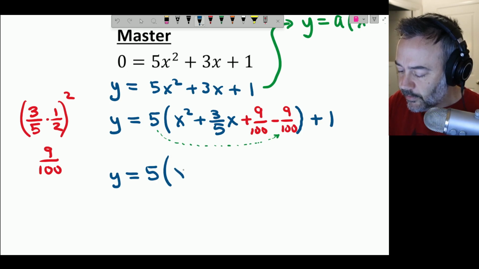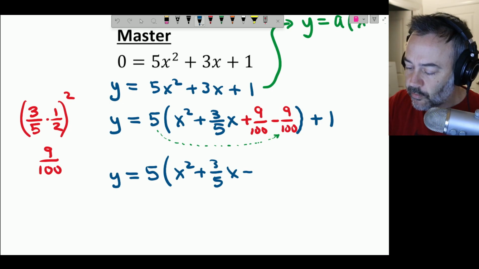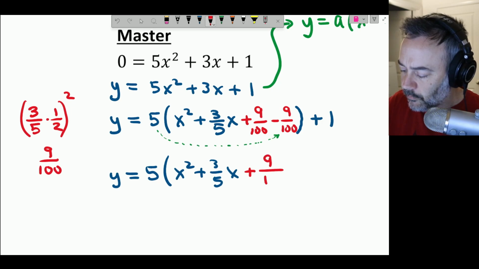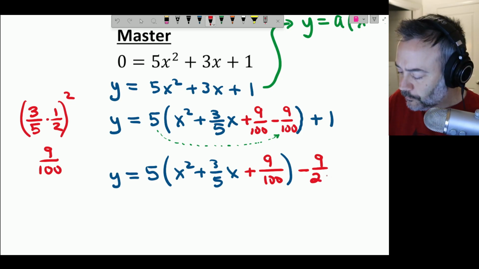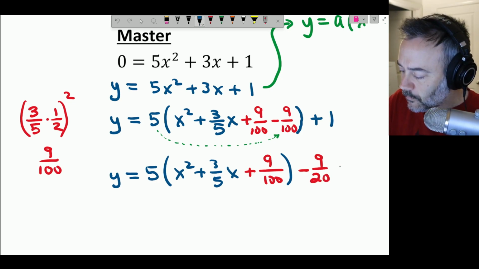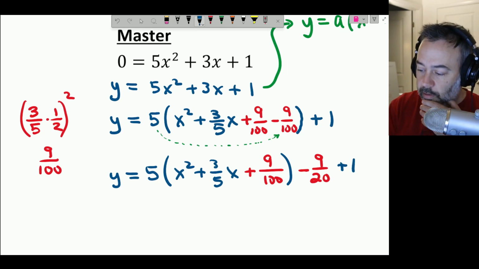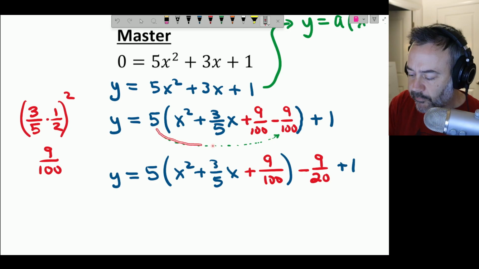So 5x squared plus 3/5 x, and on the inside we will still have the plus 9/100, but on the outside we will have minus 5 times this, and we'll get 9/20. Okay, so we've only distributed the 5 to the one we subtracted to get it out of the parentheses.